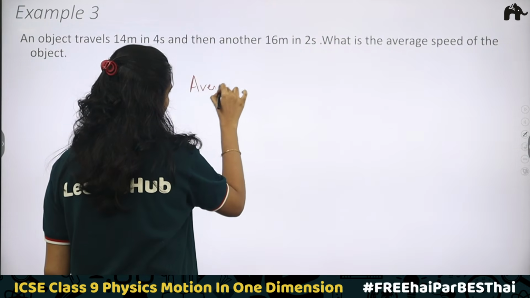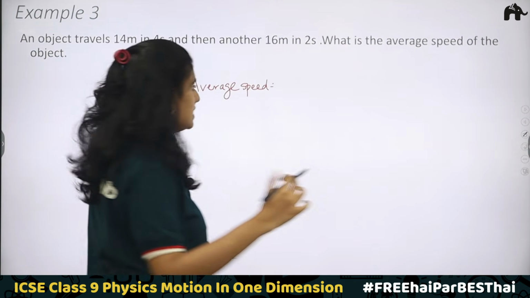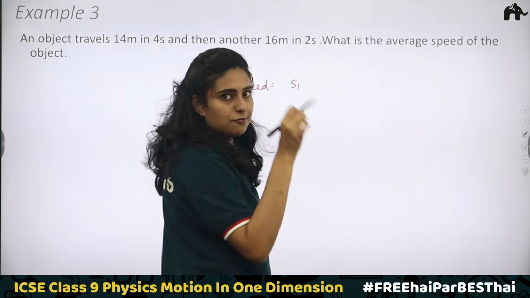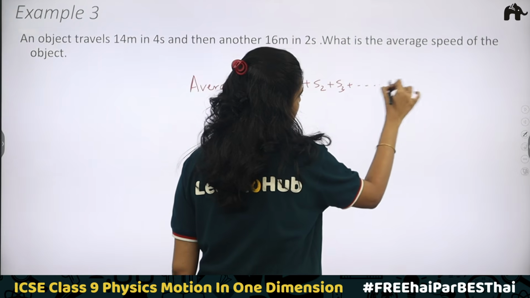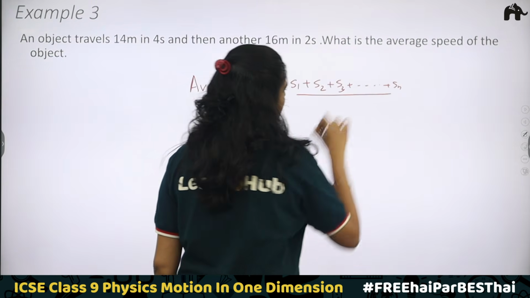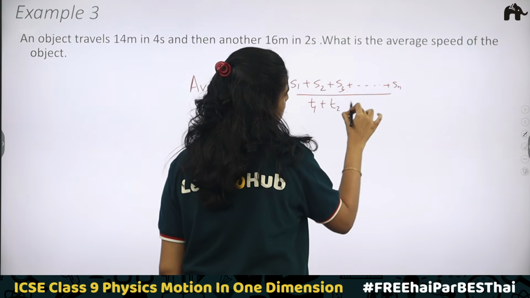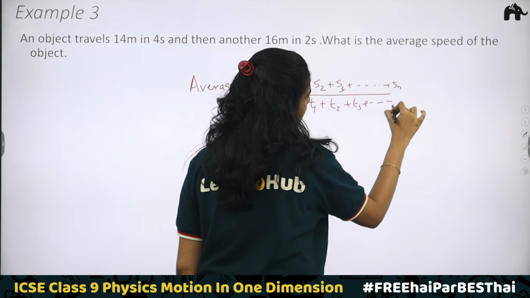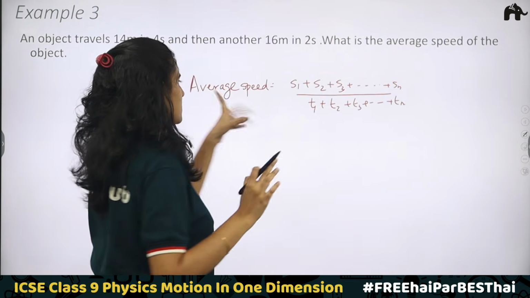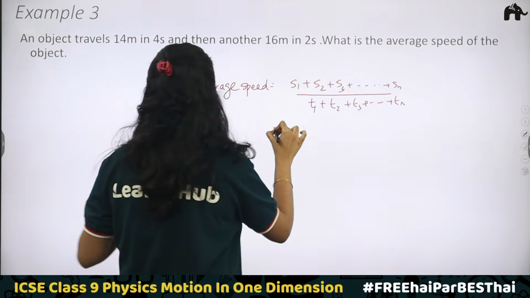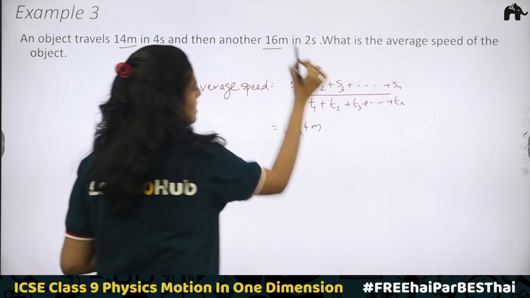We have average speed equal to the sum of the distances, let us say S1 is the first distance, S2 is the second, S3 is the third, and so on up to Sn, divided by the time taken, first T1, then T2, then T3, and so on up to Tn. So the total distance travelled by the total time taken gives the average speed. Here the total distance travelled: first we have 14 meters, then we have 16 meters.